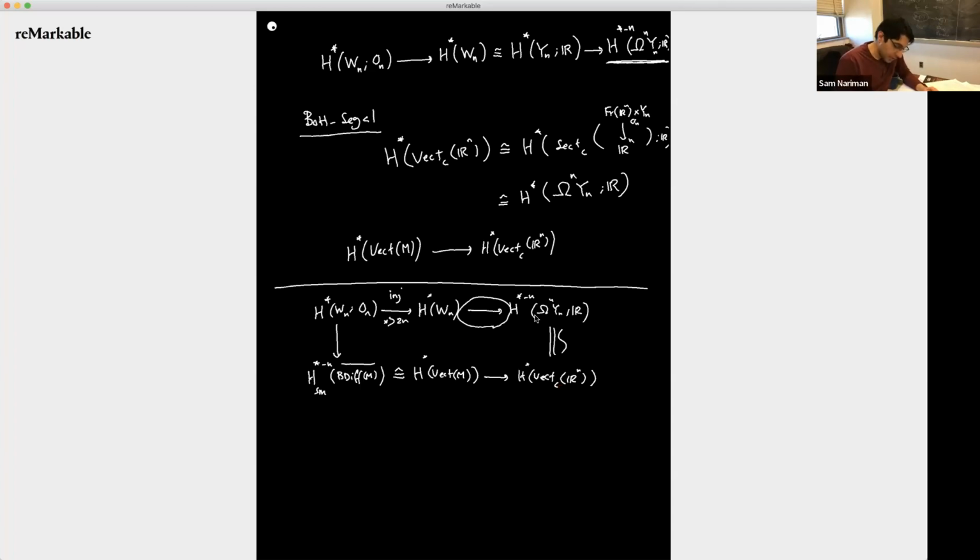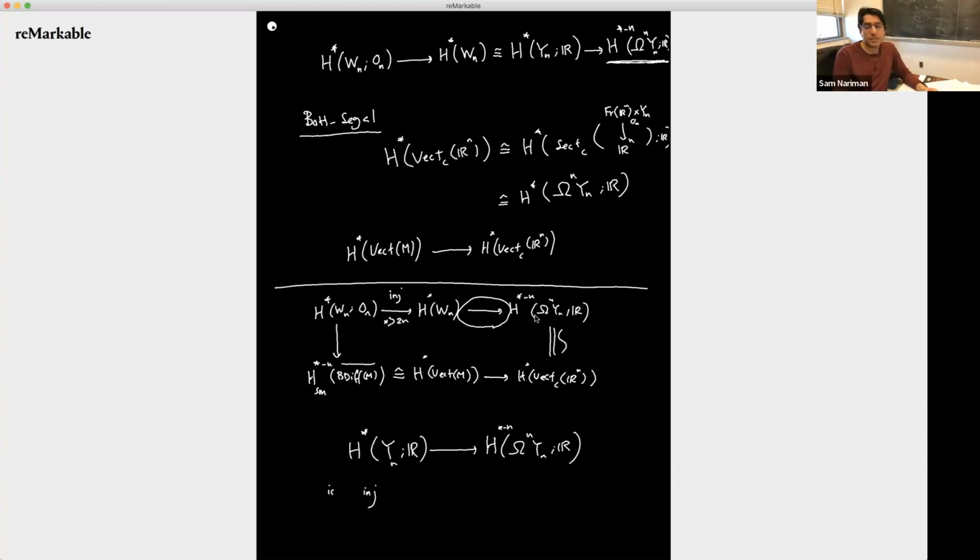But as I said, this is isomorphic to the cohomology of Y_n. So this boils down to thinking about the map from the cohomology of Y with real coefficients to the shifted cohomology of the n-fold loop of Y, say Y_n, with real coefficients. And this map is injective.